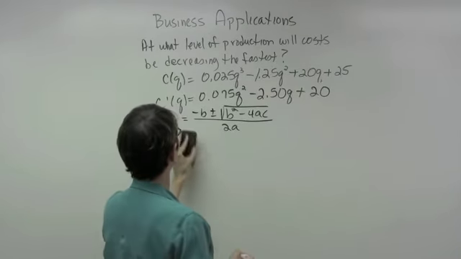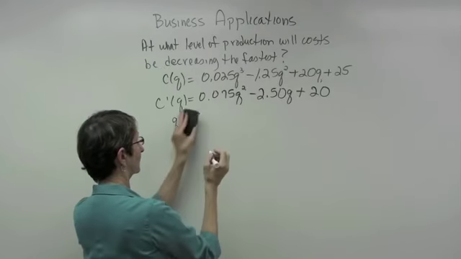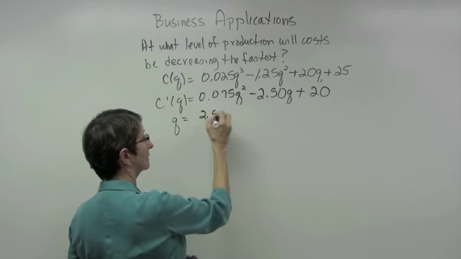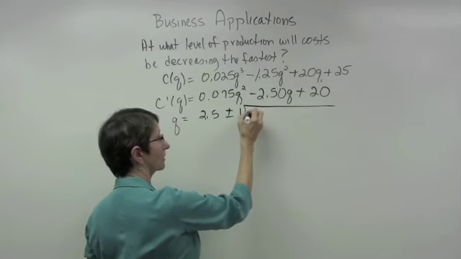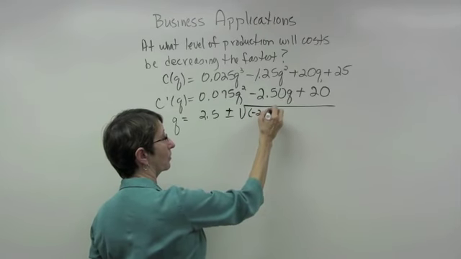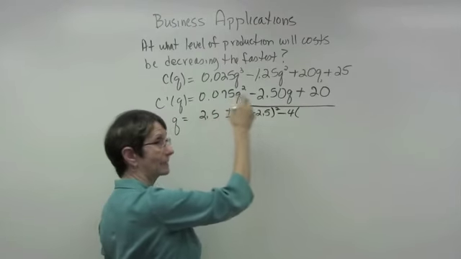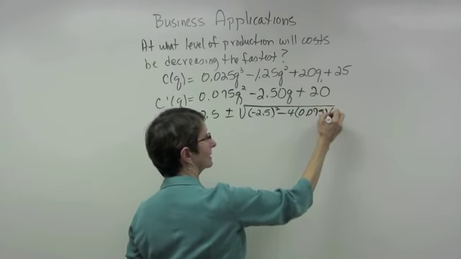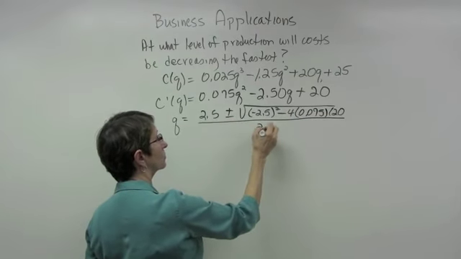So let's fill this in. I have negative b, which makes it positive 2.5, plus or minus the square root of b squared, negative 2.50 squared, minus 4 times a, 0.075, times c, and all of that over 2 times a.